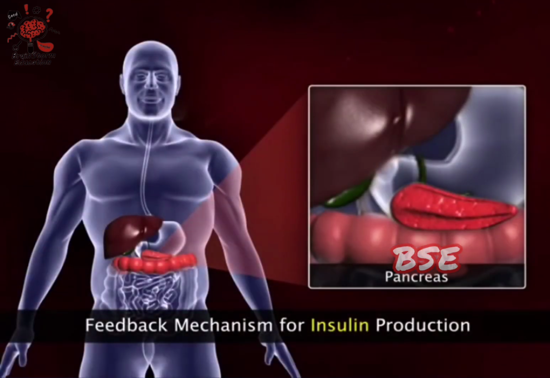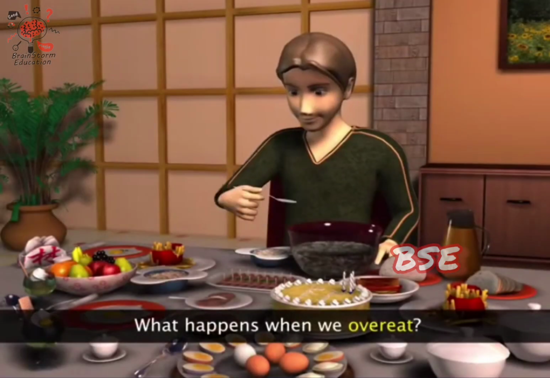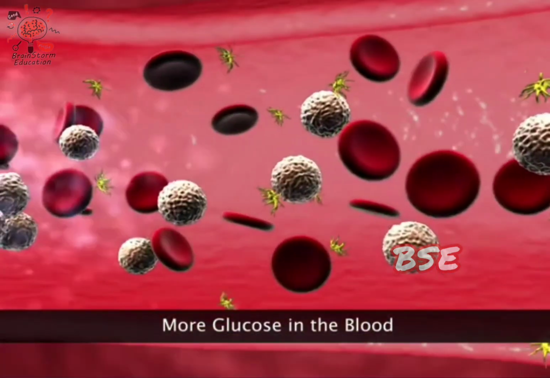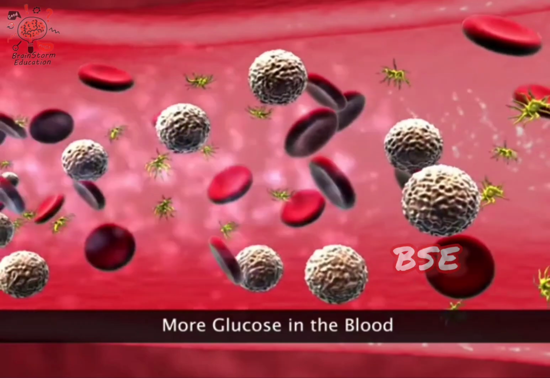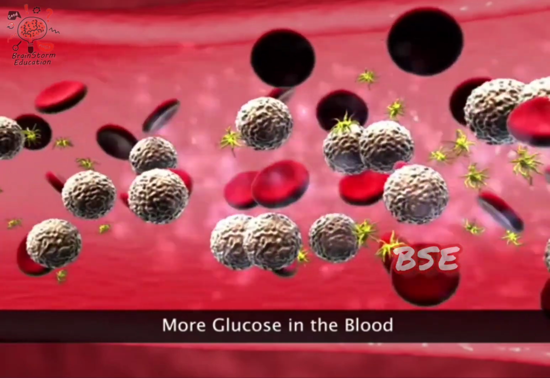Let us take the example of the feedback mechanism for insulin. Some days we tend to overeat. As a result, during digestion, more glucose enters the blood.